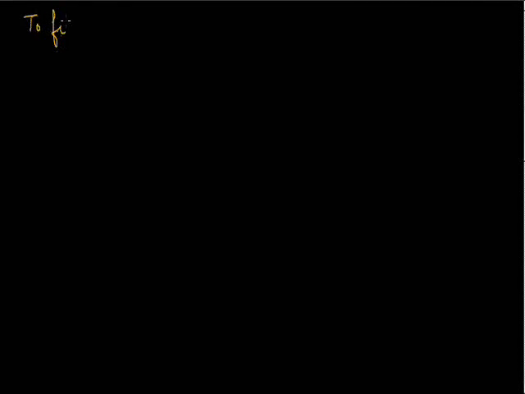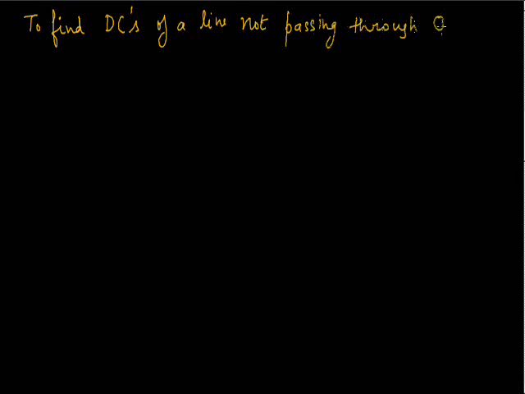Now, if you need to find direction cosines of a line not passing through origin. In the earlier case, the line was passing through origin, but now we have a line which does not pass through origin. In that scenario, what is the procedure?